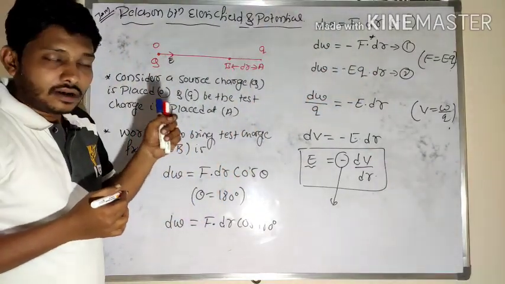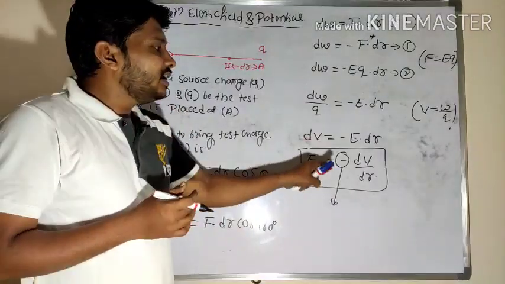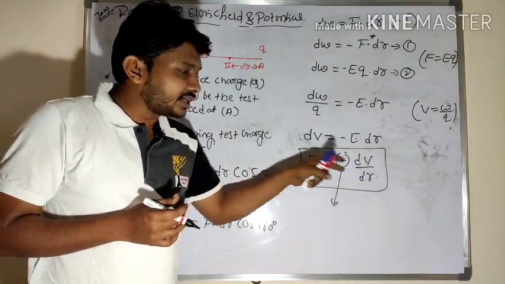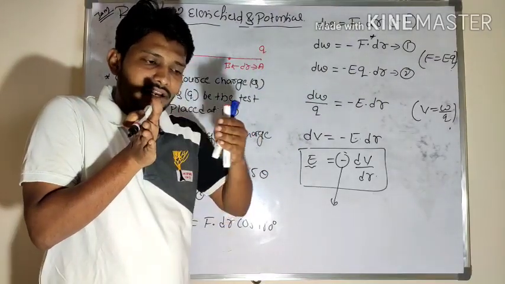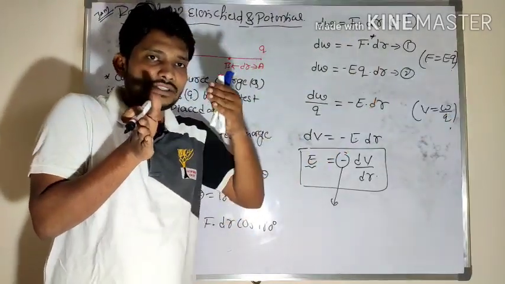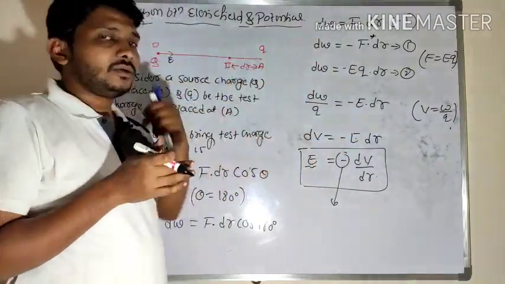Here the negative sign signifies that the direction of electric field is along the direction of decreasing potential. As the electric field moves in this direction, its potential value goes on decreasing, so we will consider that.